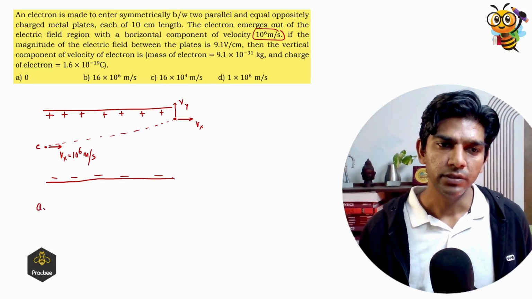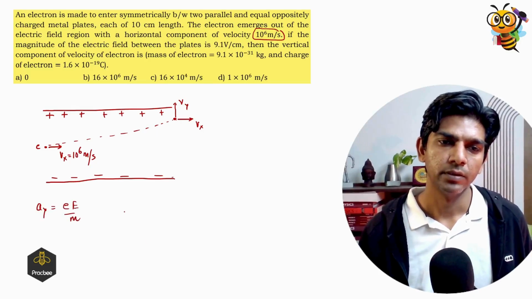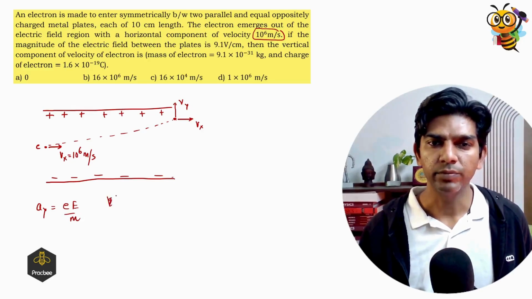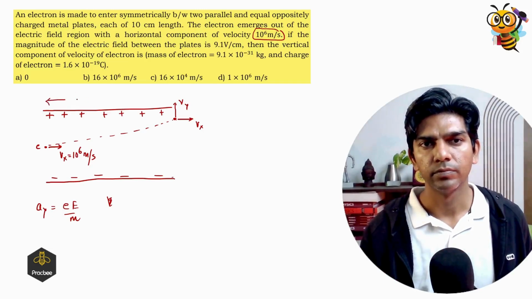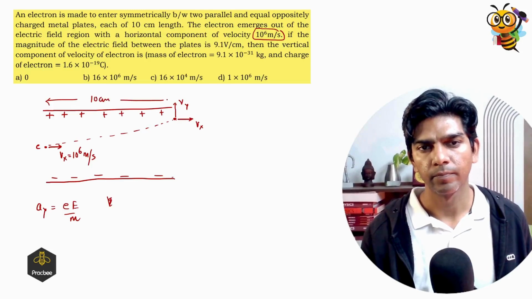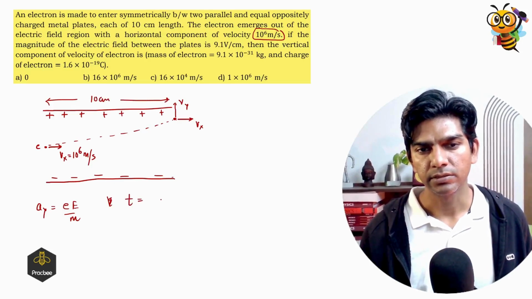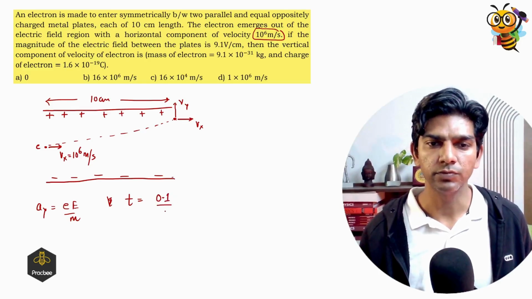So the acceleration in the y direction will be eE by m. We also need the time taken by the electron to cover this length of 10 centimeter. So time will be distance, which is 0.1 meter, divided by the speed in the x direction, which is 10 raised to 6.